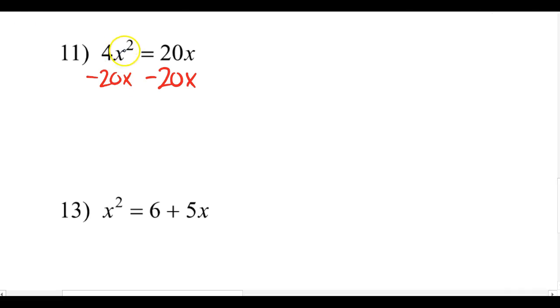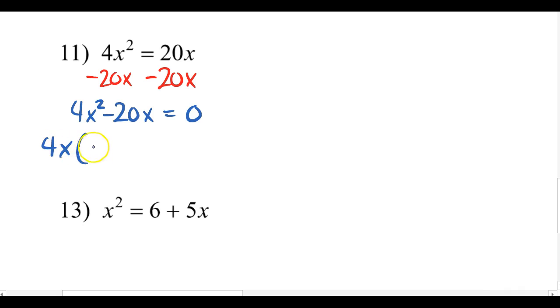And remember, this is x squared and this is x, so I cannot combine them. So now I just have 4x squared minus 20x, and then I can factor it. And here I have the two terms and they both have x, so let's do a GCF. So 4 and 20, the biggest number I can divide is 4, or the greatest common factor is 4. And then how many x's are the same? 1x.